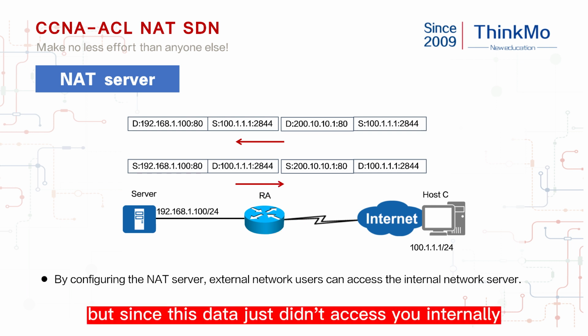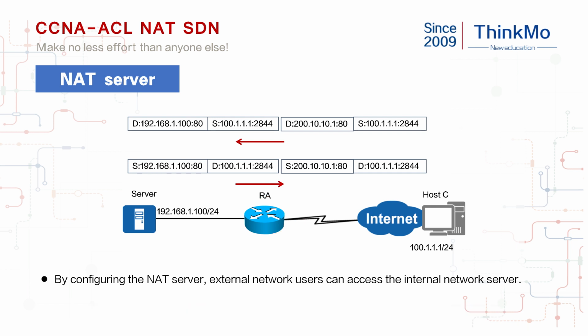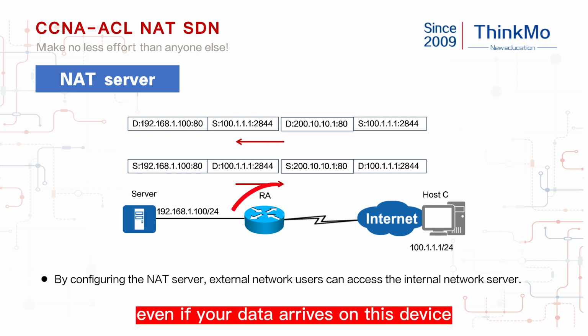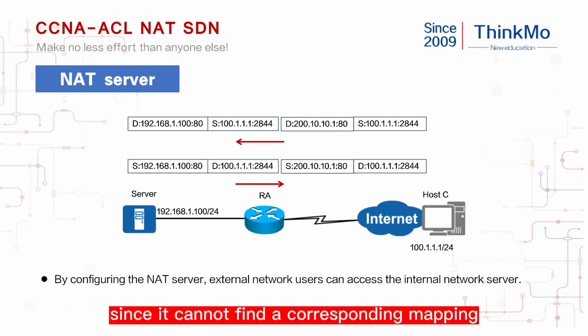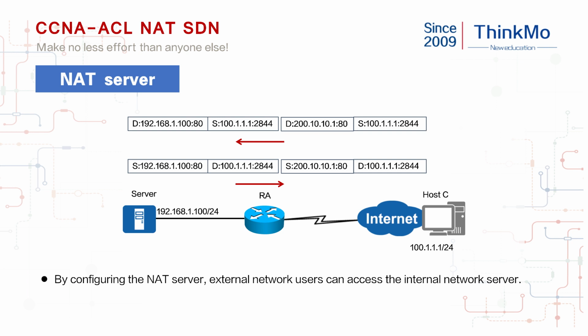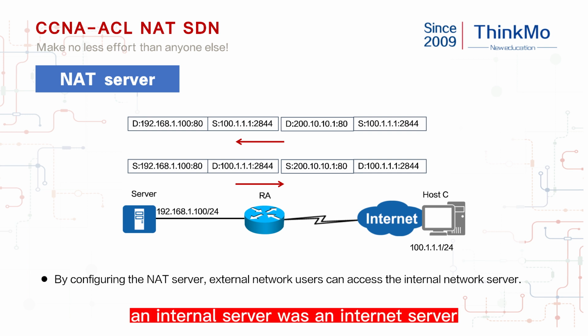Since this data did not access you internally, it does not have this mapping in its mapping table. Even if your data arrives on this device, since it cannot find a corresponding mapping, it cannot reply to the server.